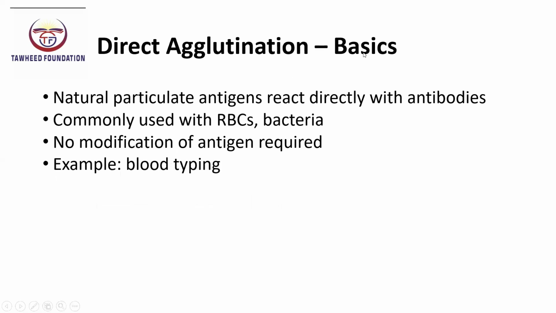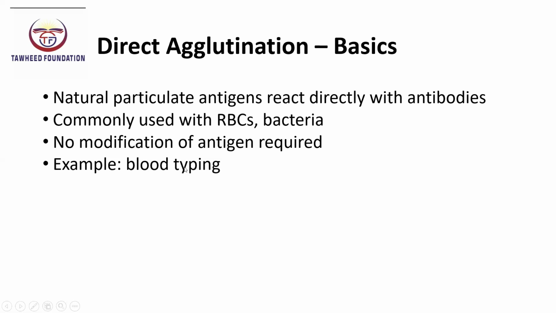Next is direct agglutination. So in direct agglutination, natural particulate antigens react directly with their corresponding antibodies without any modification. Common examples include red blood cells and bacteria, which naturally carry antigens on their surfaces.